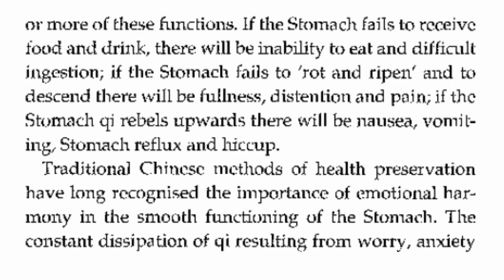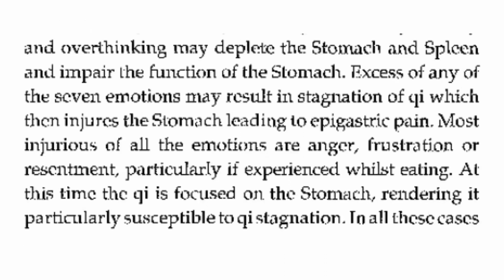TCM methods of health preservation have long recognized the importance of emotional harmony in the smooth functioning of the stomach. The constant dissipation of qi resulting from worry, anxiety, and overthinking may deplete the stomach and spleen and impair function of the stomach. Excess of any of the 7 emotions may result in qi stagnation, which then injures the stomach, leading to epigastric pain.